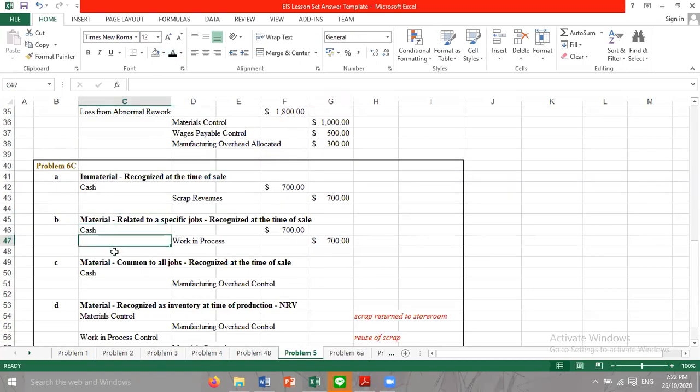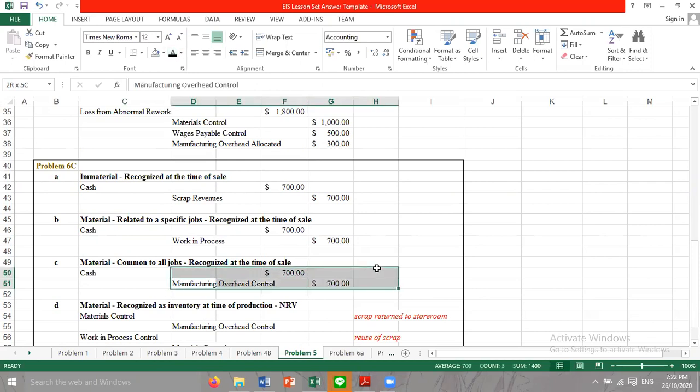Now, if it's material common to all jobs recognized at the time of sale, practically the same principle, except that we credit manufacturing overhead control. Once again, the logic is the same. If we assume that the scrap is material, we can reduce the cost of the goods produced.